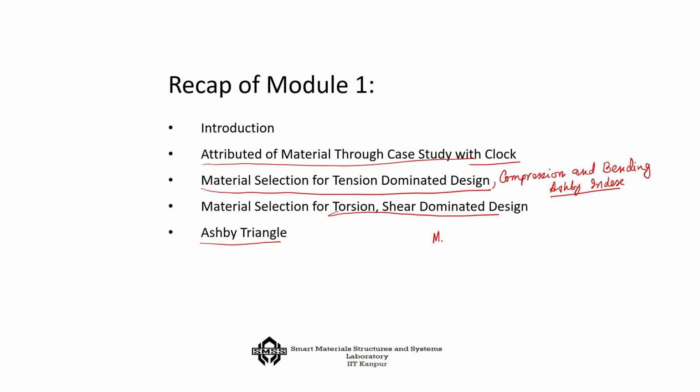When we select a material, there is always the material part of it through the material property index, but also the shape comes into the picture. We call it the geometry G, and also the process, that is, what sort of manufacturing process we are going to adopt. So, this becomes a simultaneous process when we are selecting a material.